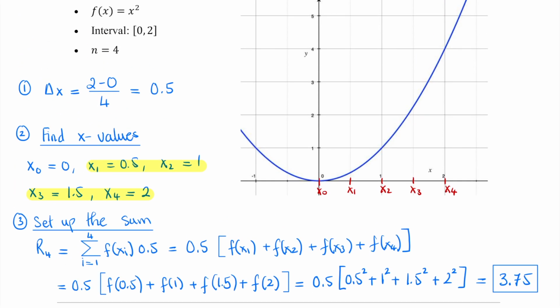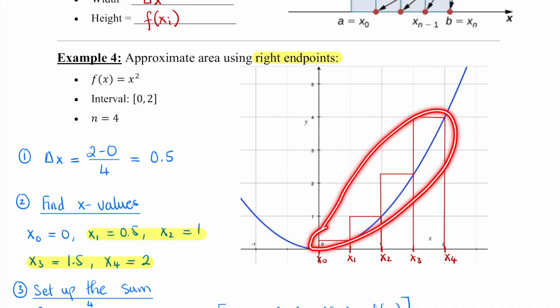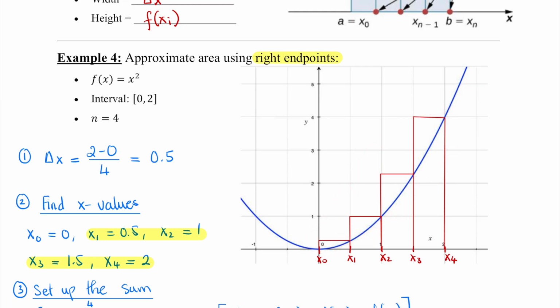Now, let's look at the graph. Look at the top of each rectangle. Most of the rectangles are above the curve. This happens because the function is increasing, so the value at the right endpoint is larger than the rest of the values in that interval.